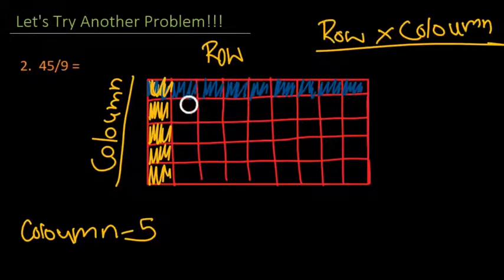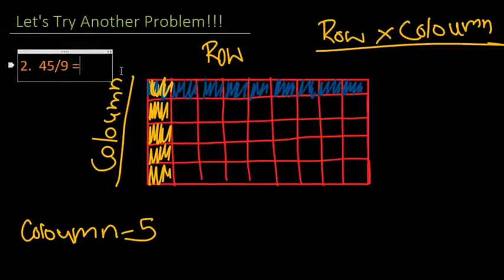You multiply the squares that are in the row by the squares that are in the column. And if you use the same method for division, we have 9 squares in the row, so the number of squares in the column is our answer, which is 5.